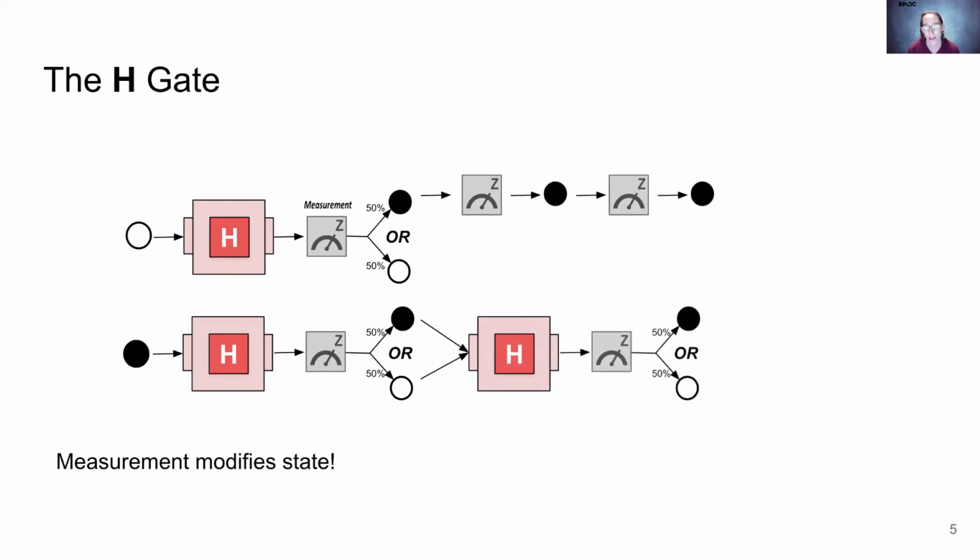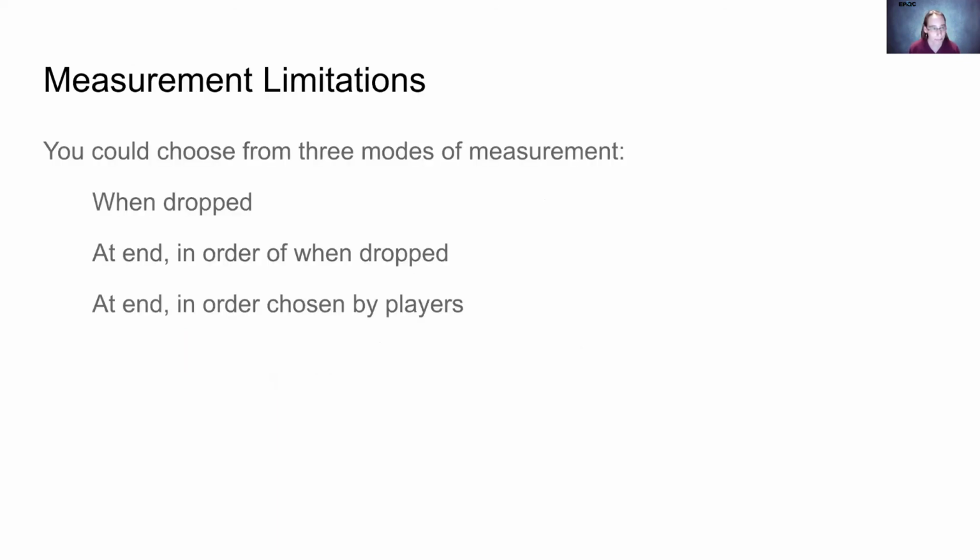And now when I measure it, it's a 50-50 probability. So measurement not only gives you information about the state, but it fundamentally changes it so that it's no longer in that superposition. There are other ways that measurement can affect it. It doesn't always take away all of the superposition. Maybe it just changes the superposition. But for our purposes, we're saying it collapses it.